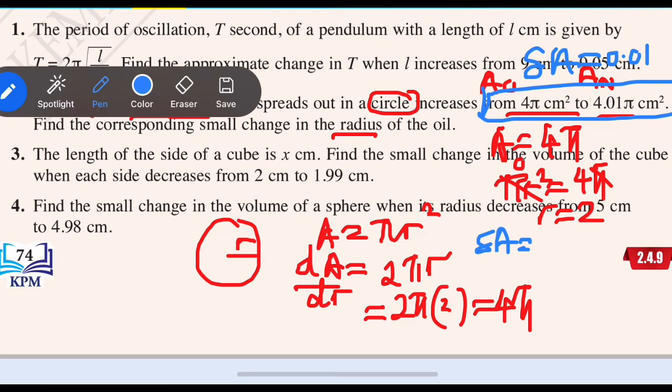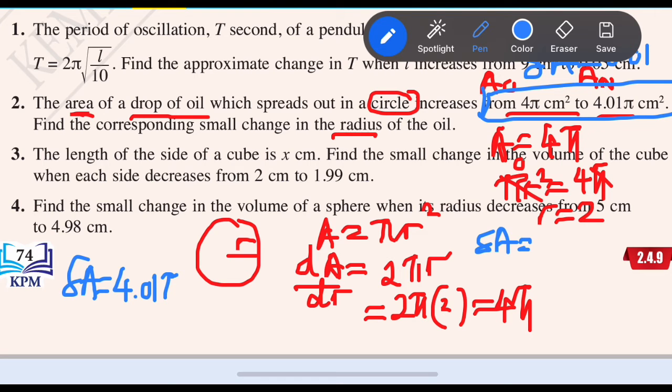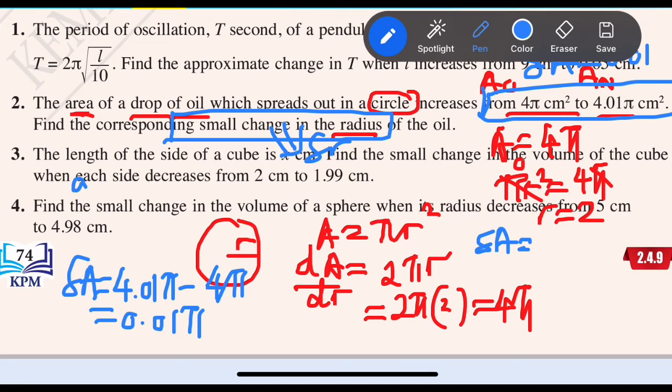By using delta A over delta r equal to 4 pi, I'm sure you can solve for the small change in radius, which is delta r. So let's write down: dA/dr is approximately equal to delta A over delta r.